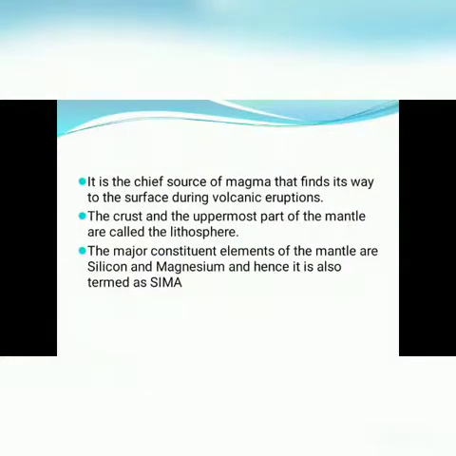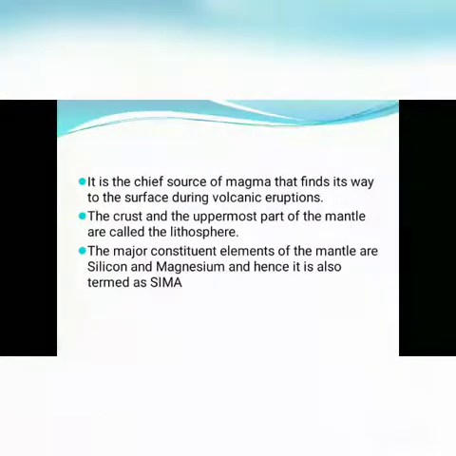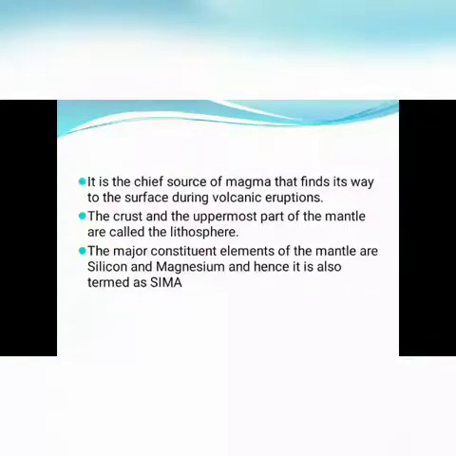It is the chief source of magma that finds its way to the surface during volcanic eruptions. The crust and the uppermost part of the mantle are called the lithosphere. The major constituent elements of the mantle are silicon and magnesium, and hence it is also termed as Sima.